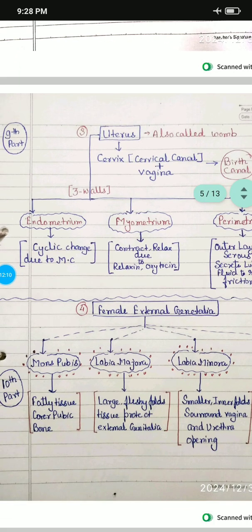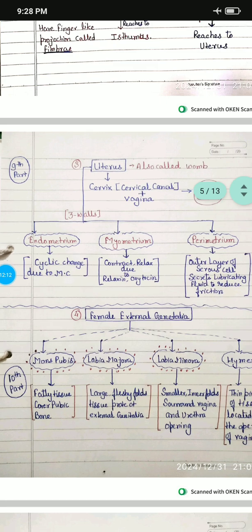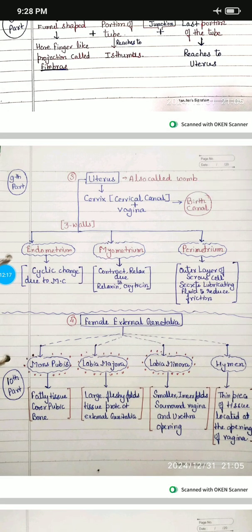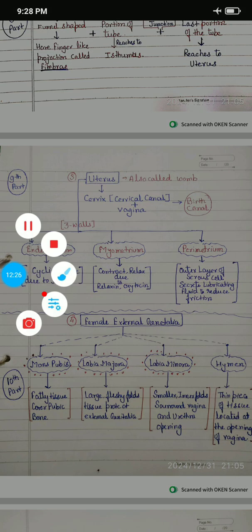Then the next part is the female external genitalia. This external genitalia is a combination of four parts: mons pubis, labia majora, labia minora, and hymen.